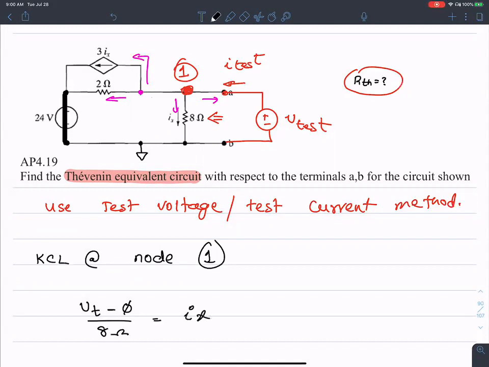The current going south is V test, or VT, which I'm using as a short form for V test. So V test minus 0 over 8 ohms is the same as Ix.